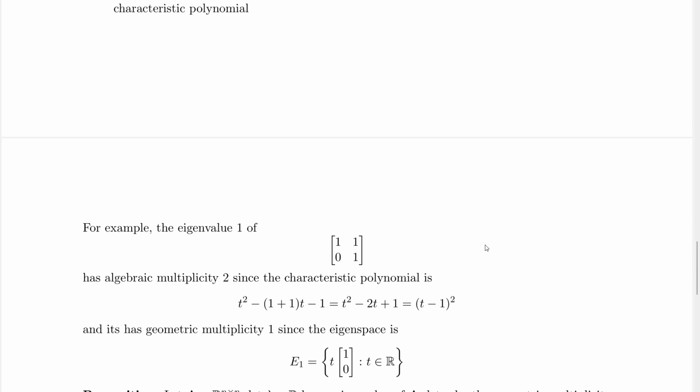It's pretty easy to verify that all the eigenvectors associated with 1 are just going to satisfy that. So what we found here is that I have this matrix with an eigenvalue of 1, and it appeared twice. However, its eigenspace is only one-dimensional.